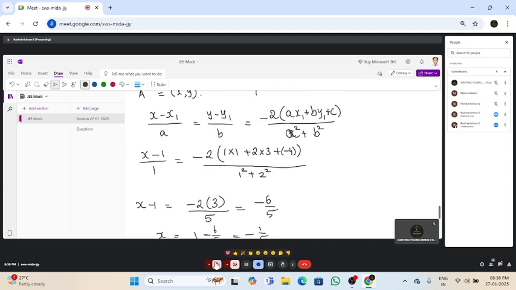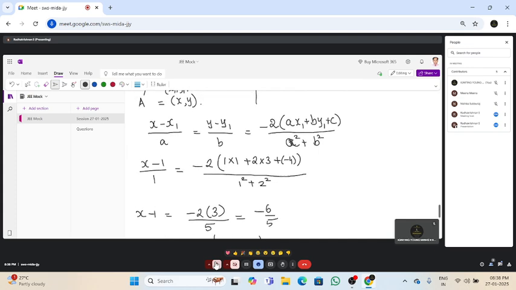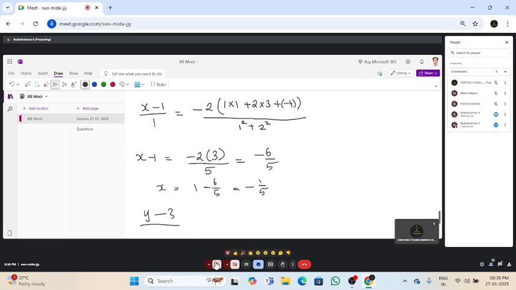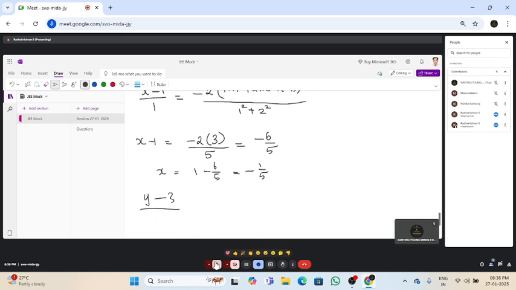I applied that formula for the first point. X minus x1 by a equal to y minus y1 by b equal to minus 2 into ax1 plus by1 plus c divided by a square plus b square. I applied it for the first point, x1 is 1, a is 1, so minus 2 into ax1 plus by1. I have substituted each of the values. So from that I am getting x equal to minus 1 by 5.